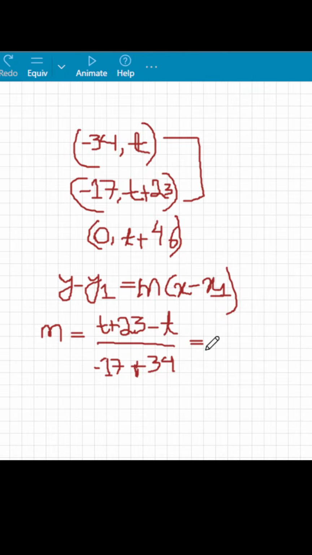So t plus 23 minus t would be 23, and this will be 17. So the slope is 23 by 17. So this is the slope of the line.